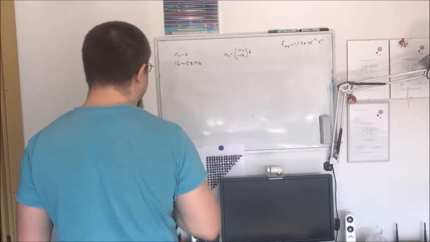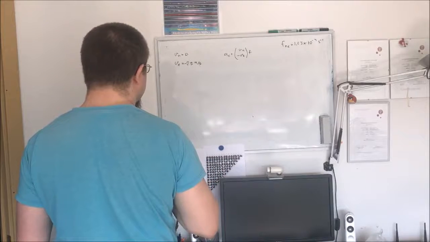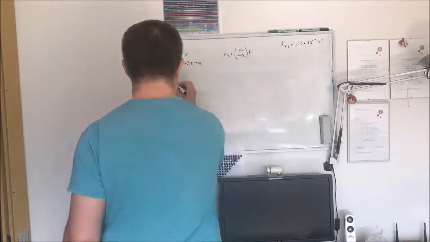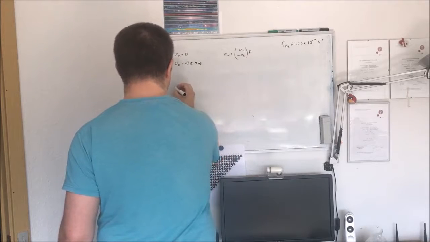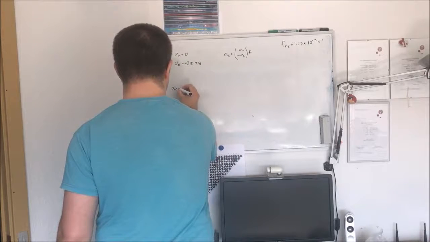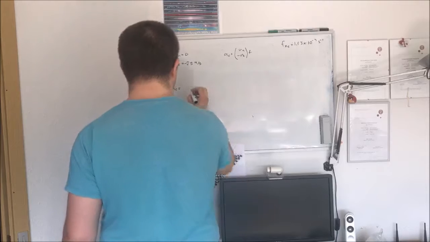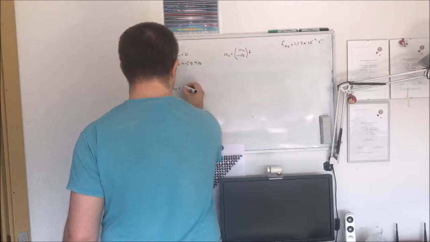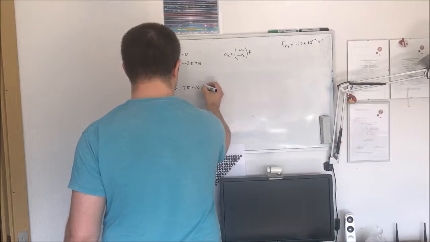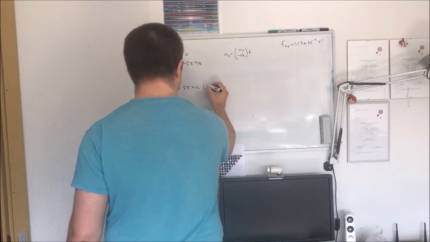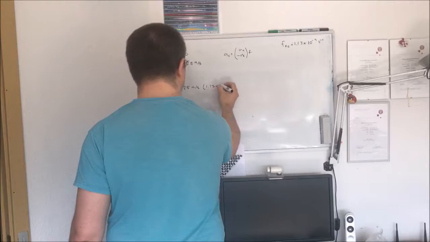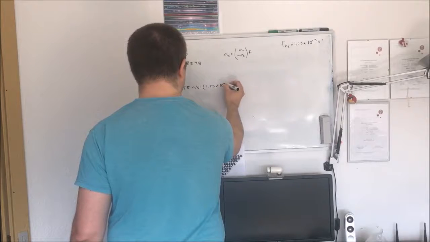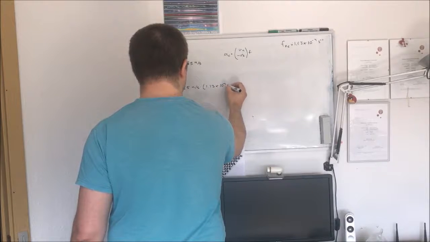So I put a minus sign in front of my velocity, and then I calculate the same thing. Vn is 0, so I get that the Coriolis acceleration is equal to minus, that's plus, so it's 25 meters per second times 1.13 times 10 to the minus 4th per second.